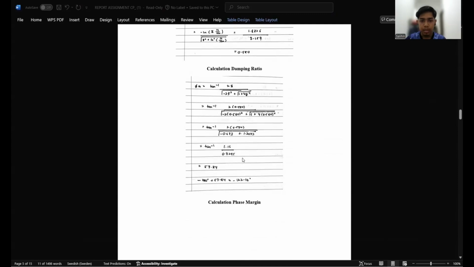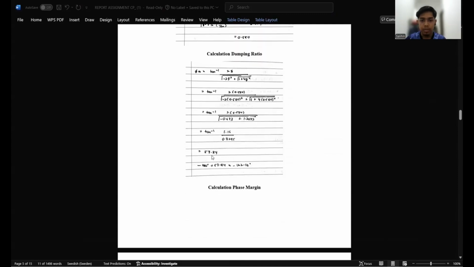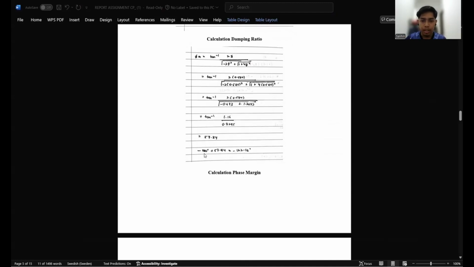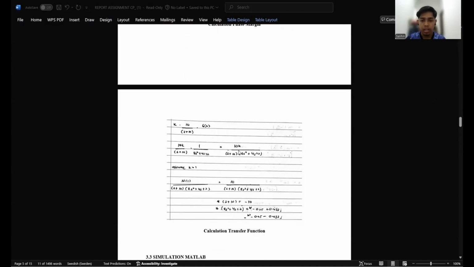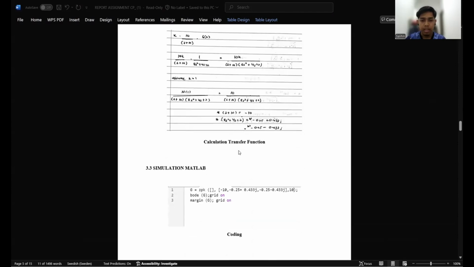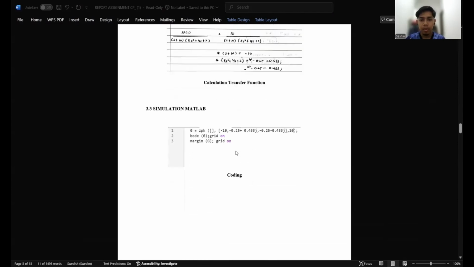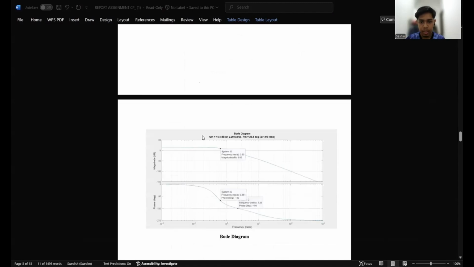For phase margin, we get 57.84 degrees, and we do minus 180 plus 57.84, which equals 122.16 degrees. So our calculation of the transfer function, this is the simulation in MATLAB for coding, and the graph.